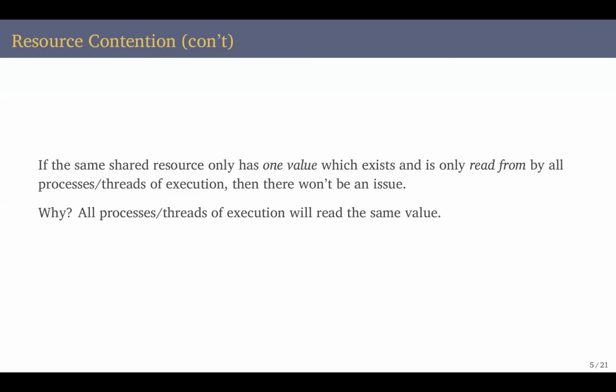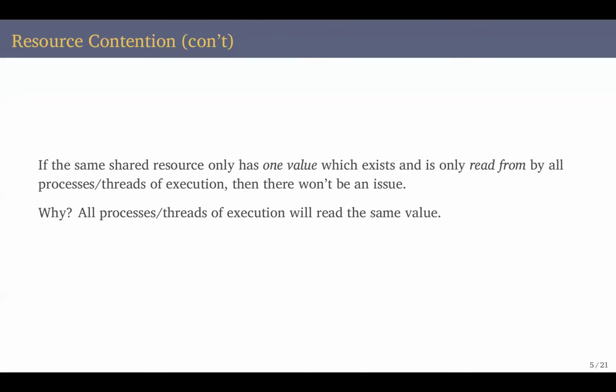Okay? No real issue, even though technically you could argue there is a type of contention on reading that memory location, but modern hardware and everything else will cache things. It's not an issue. Why? Because you're reading the same value. You don't have to worry about reading a value that has been updated.